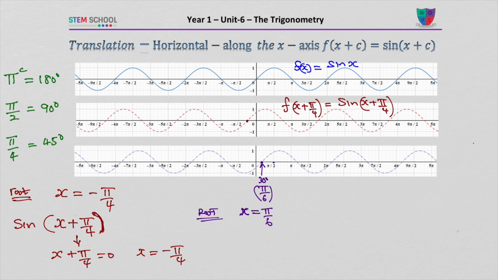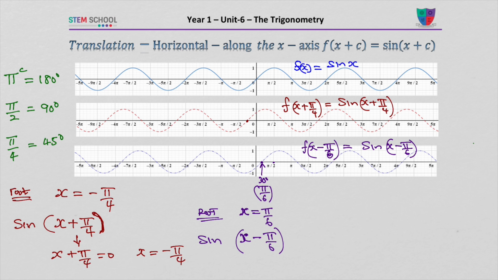You have to turn it into a factor, subtracting pi over 6 from both sides, and then you get x minus pi over 6. Now that's a factor. If I put my sine in there, that's the function: f of x is sine of x minus pi over 6. That one is shifted to the right.